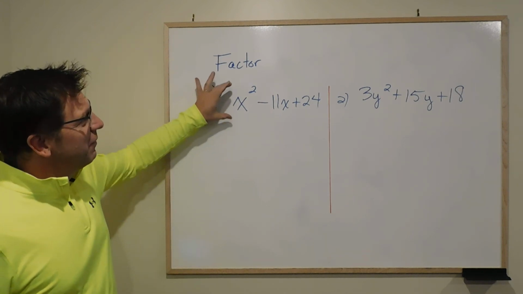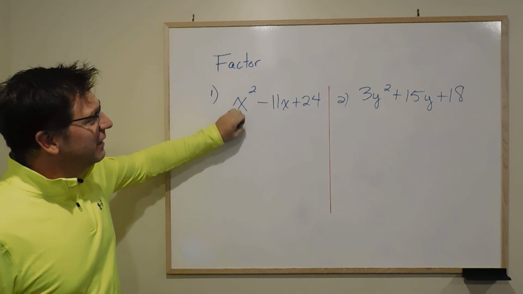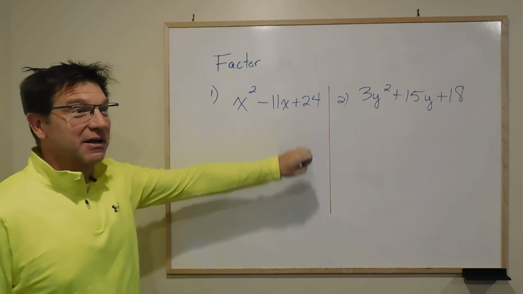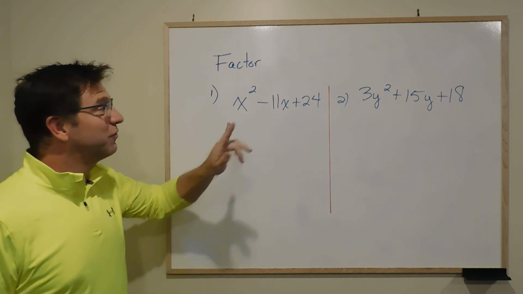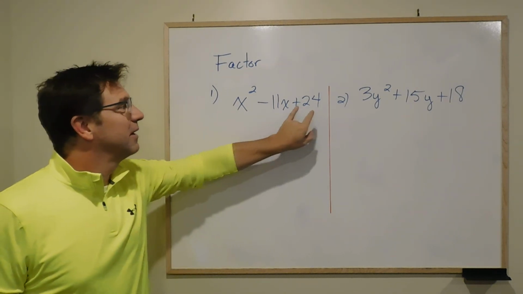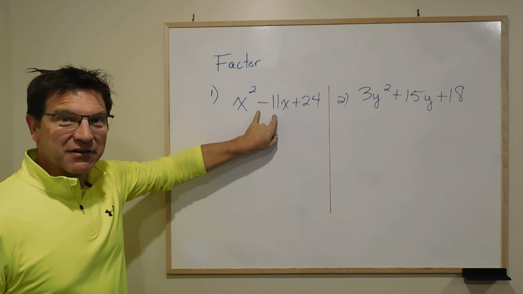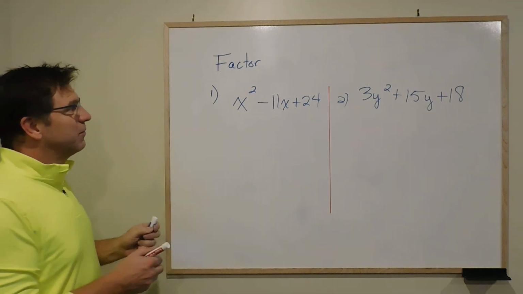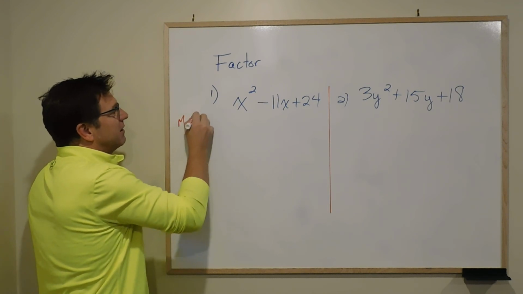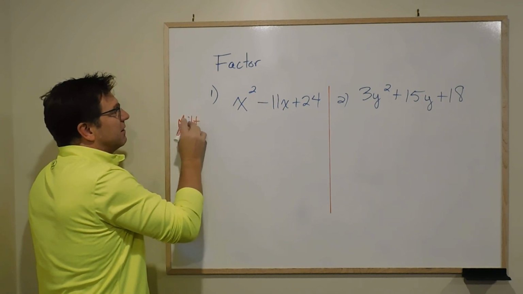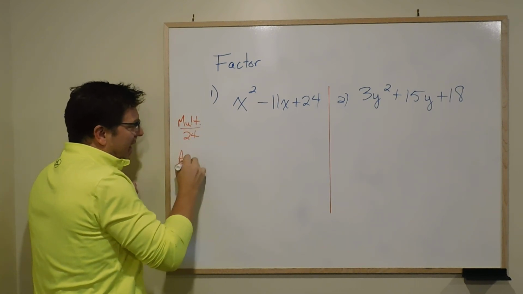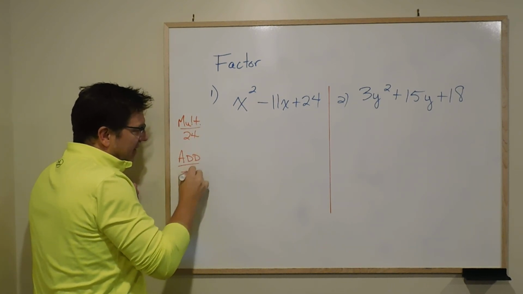What we're looking at when we want to factor something in the form x squared plus or minus something x plus or minus something is we're always looking for two numbers that multiply to the third term and add to the second term. So we are looking for two numbers that multiply to 24 and add to negative 11.